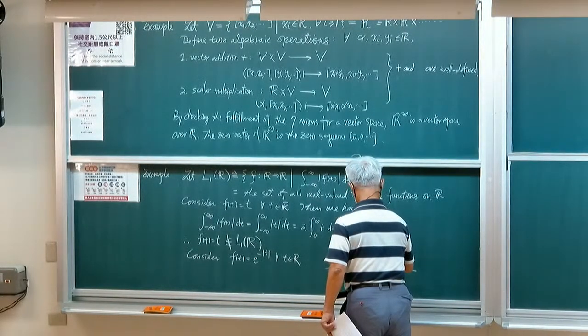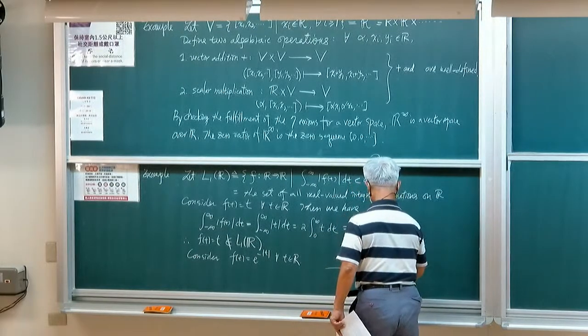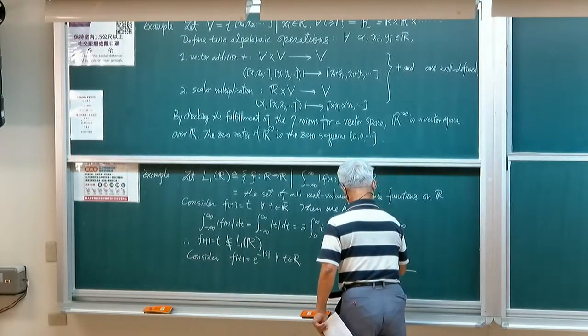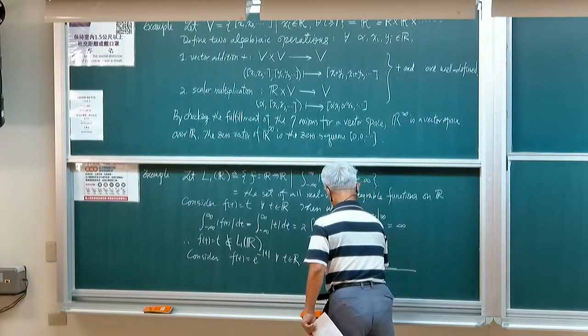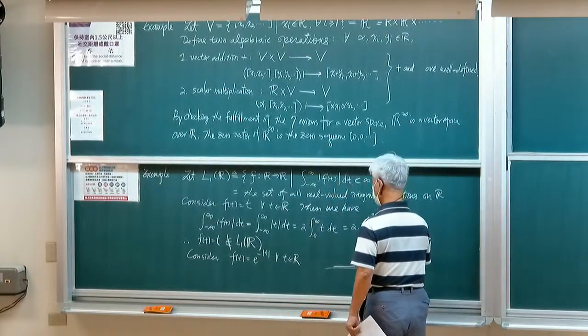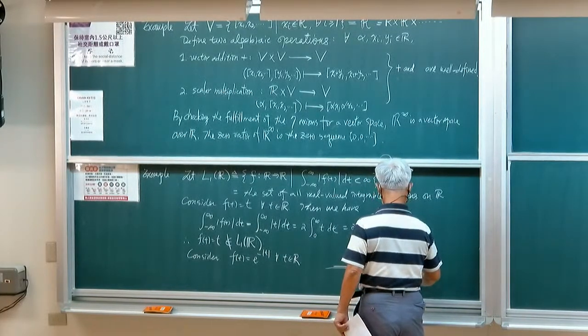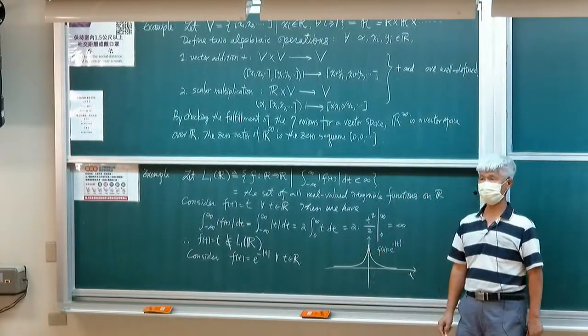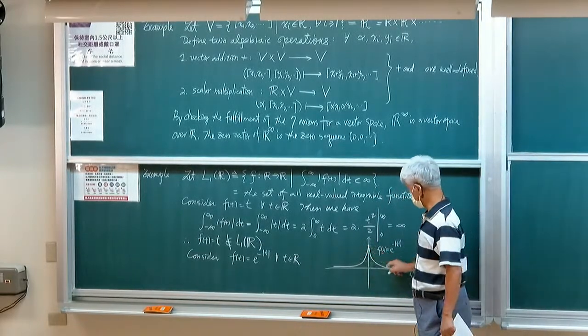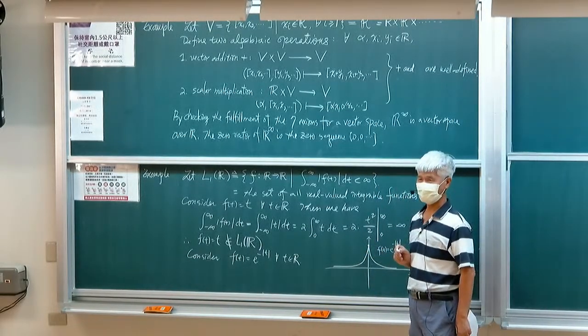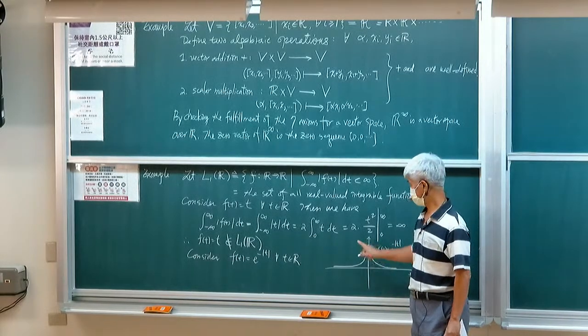It's an even function. So this is our f of t. You can see that it decays exponentially. Decays very fast, right?